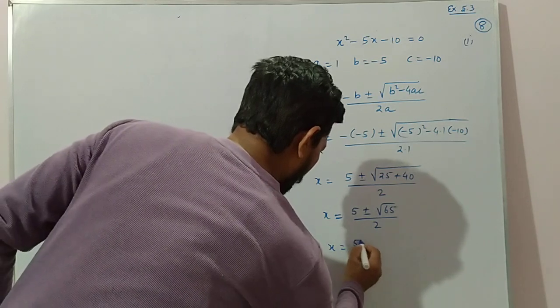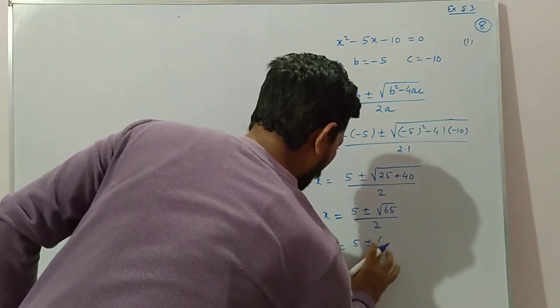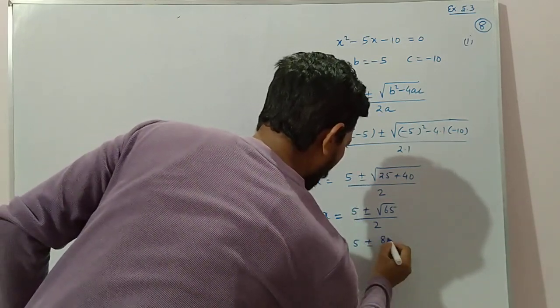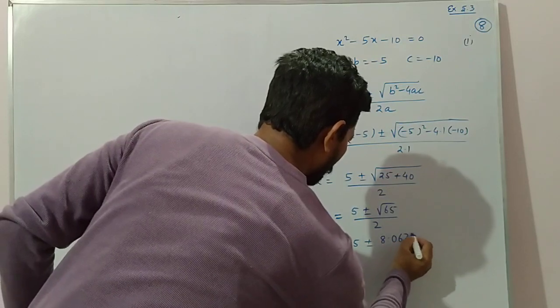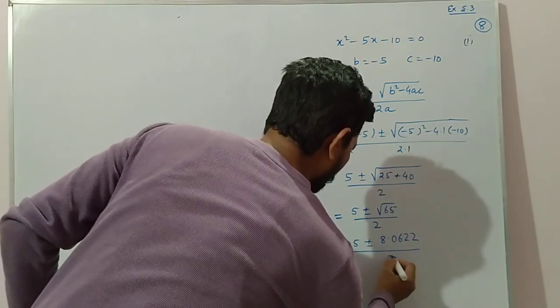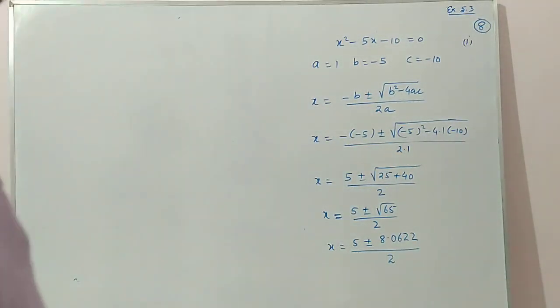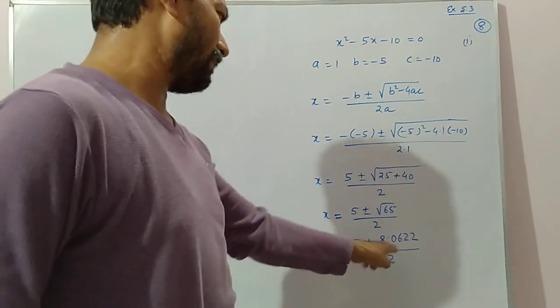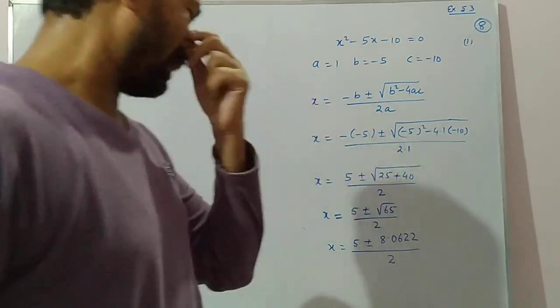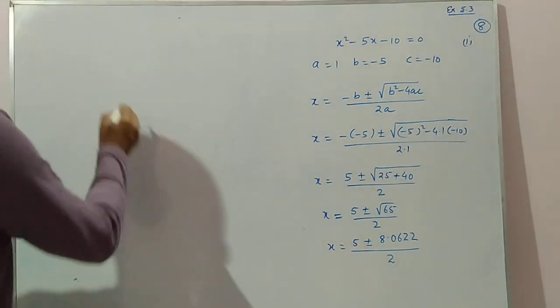X equal to 5 plus or minus 8.0622 by 2. As it is asked to 2 decimal places, we have taken up to 3 or 4 places, whatever is there, and then we will simplify.